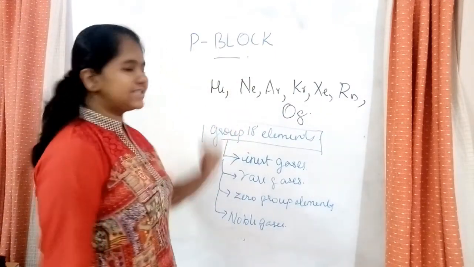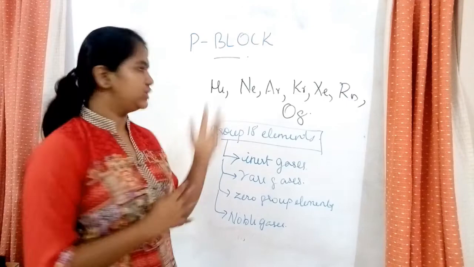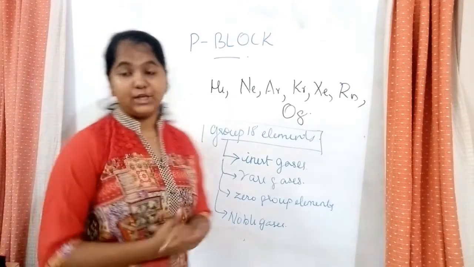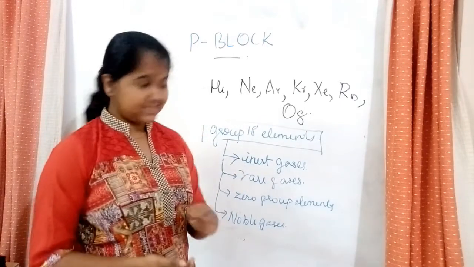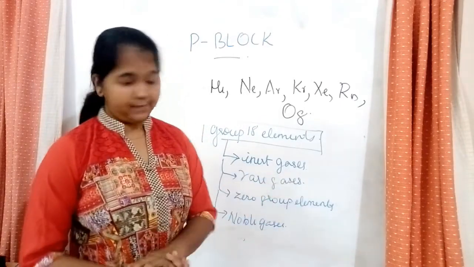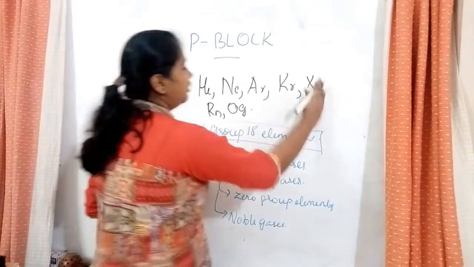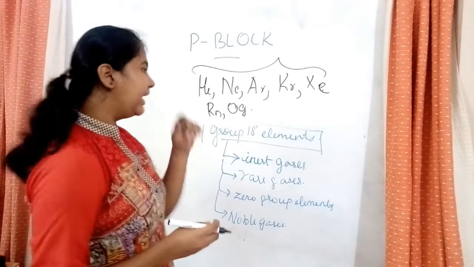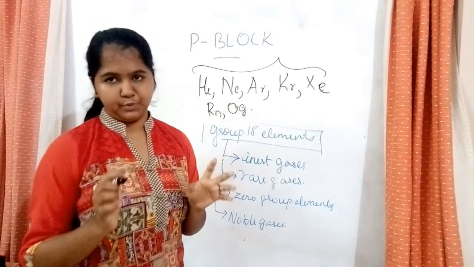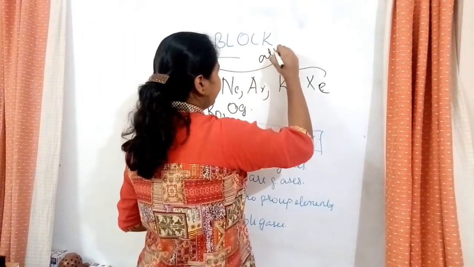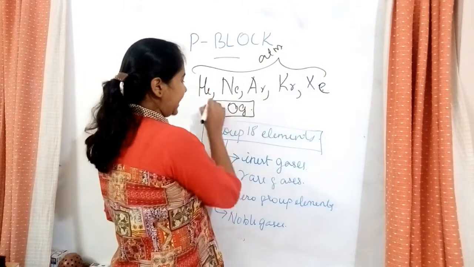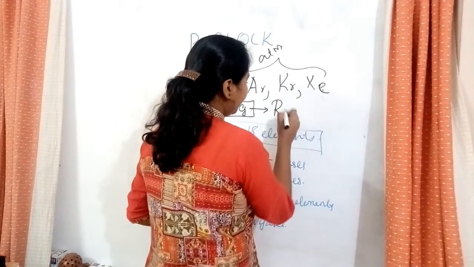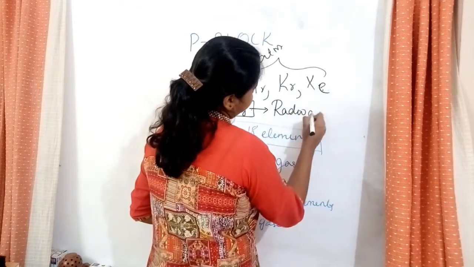Before we discuss the electronic configuration and the atomic size, we have a lot of terms and points to learn. Before that, I'll tell you why these are called inert gases, rare gases, zero group elements or noble gases. From helium to xenon, they are found in the atmosphere, whereas radon and oganesson are radioactive elements.